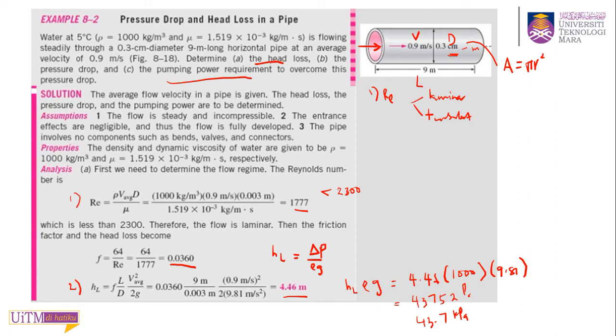Okay, I assume this is a simple example, because this is laminar flow and only one pipe, only that portion, so it's much easier. But in your exam, your pipe will be much more complicated.